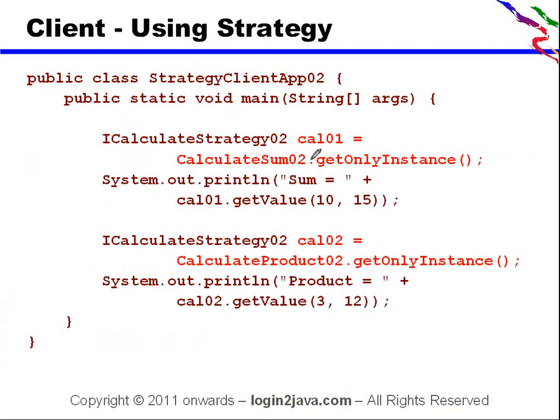Now in the client code, the change will be, instead of new, you can use CalculateSum02.getOnlyInstance and CalculateProduct02.getOnlyInstance. For the application example that I have taken, real-time data processing where we need to apply a strategy, there is no need of keeping an instance of those values on which the algorithm needs to be performed, so you can just directly call the singleton instance.